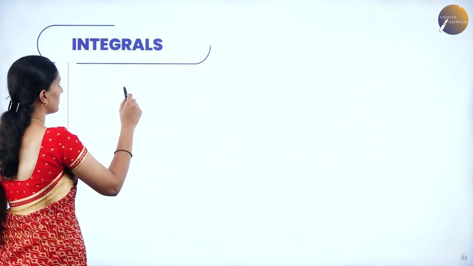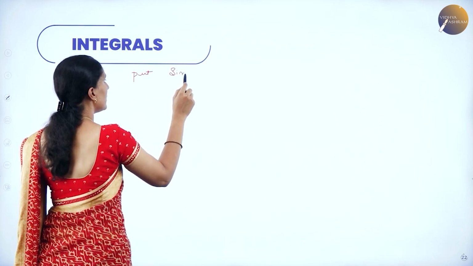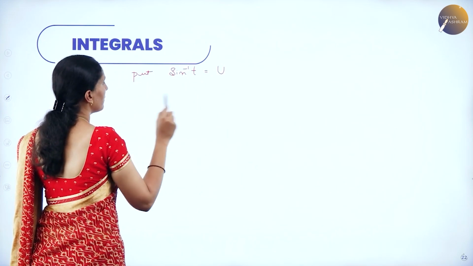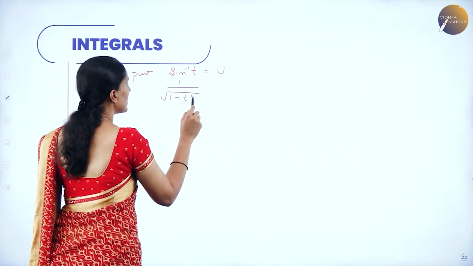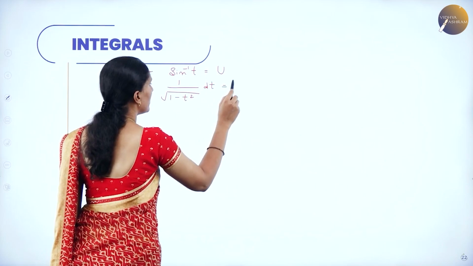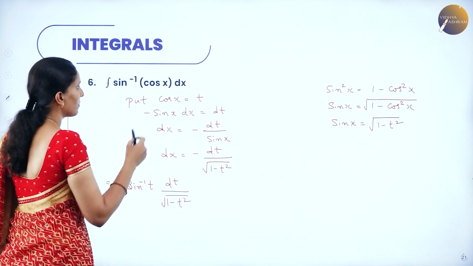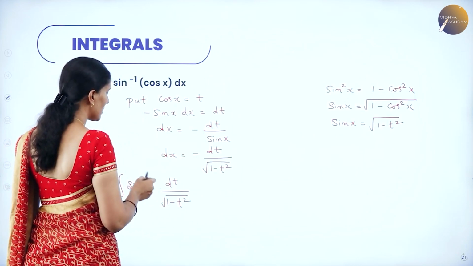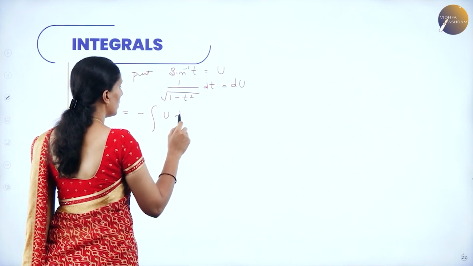So here put sin inverse t is equal to some u. What is the derivative of sin inverse t? It is 1 over root of 1 minus t square into dt is equal to du. So put and replace it back. So you will get minus integral of sin inverse t is u and this complete thing is du. So it is u into du.